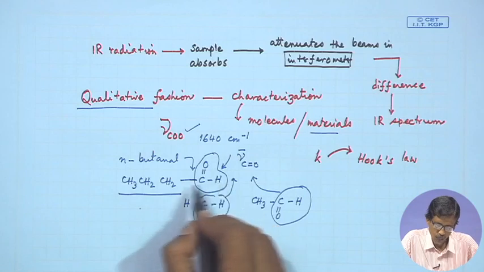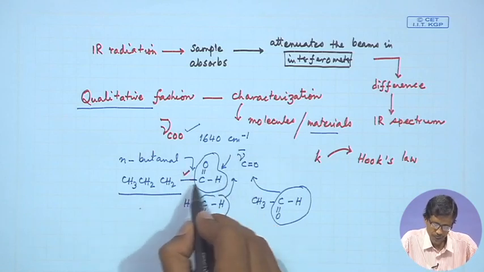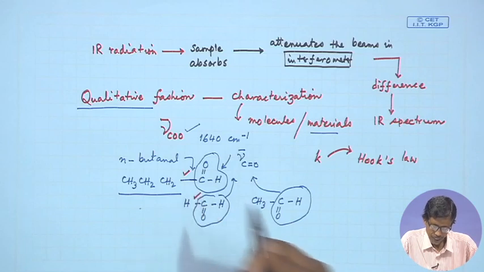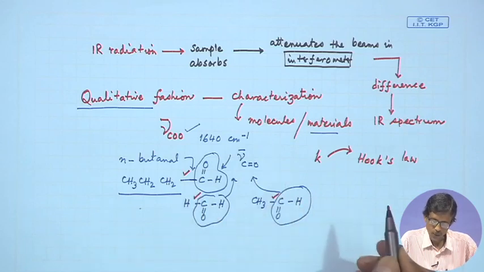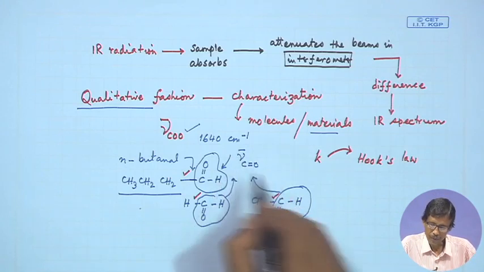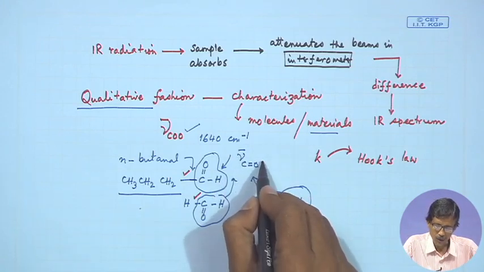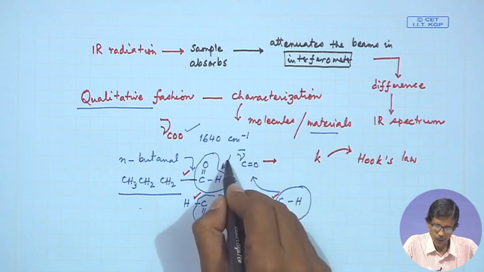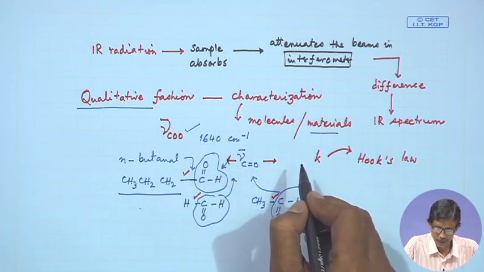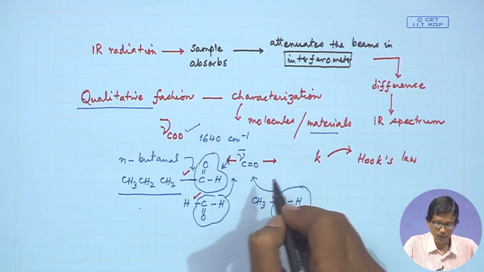So, the presence of the other part, that means whether this carbon is attached to a big or long chain, whether it is attached to H only or only CH3, does not matter much. So, we can have this particular functional group stretching frequency with only slight variation, 10 to 20 centimeter inverse variation we can see for this one.